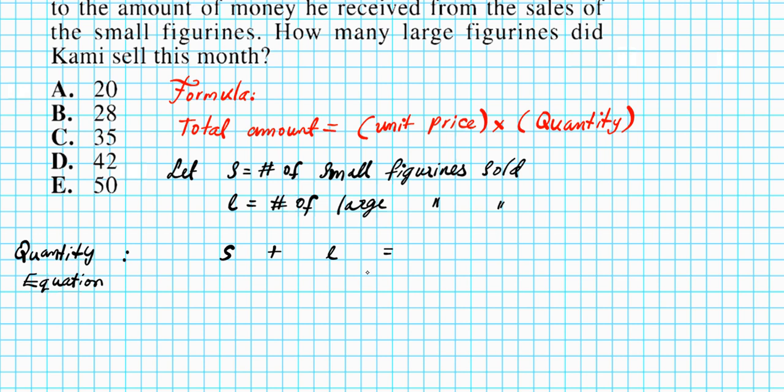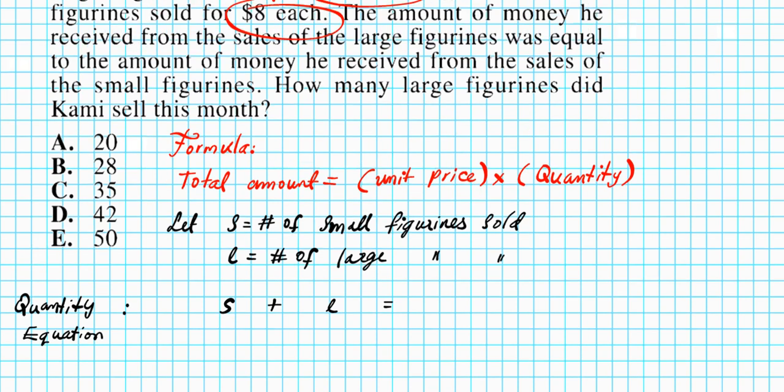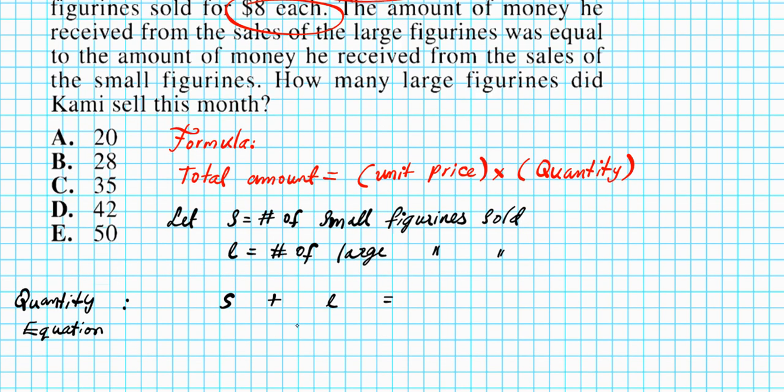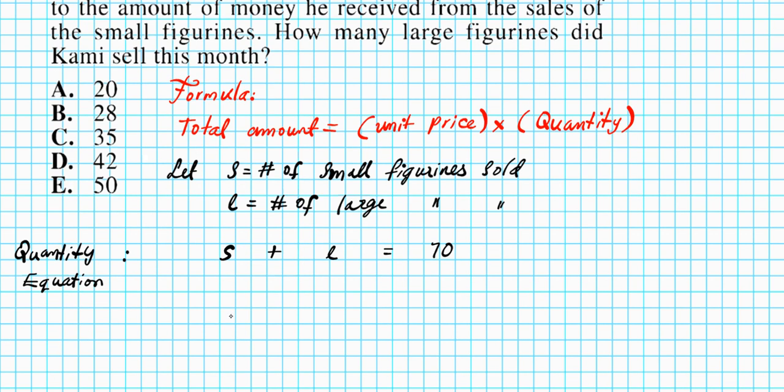The problem tells us that Cami sold 70 figurines. Okay, so number of small figurines sold plus number of large figurines sold add up to 70. That is your first equation, your quantity equation. Second one is your sales amount equation.